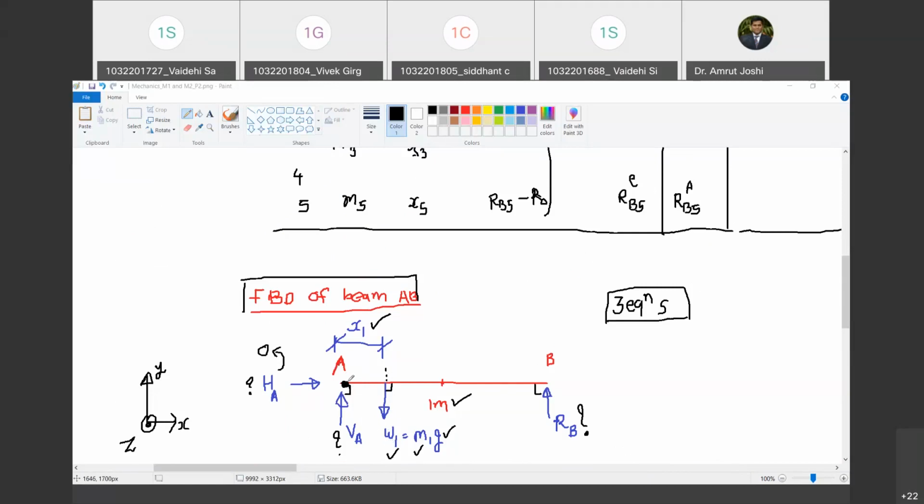You were present in today's lecture, right? Yes, sir. So what is the moment of W1 about A? Speak. M1G. M1G is W1. What is its moment about A? Okay, let's go. Anyone else? Siddharth Iyer, can you tell me? Siddharth?